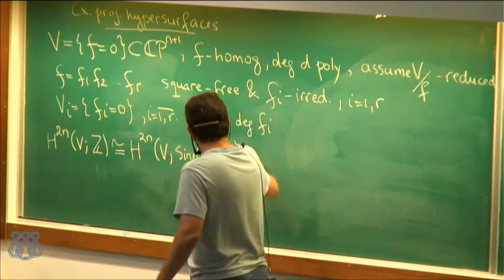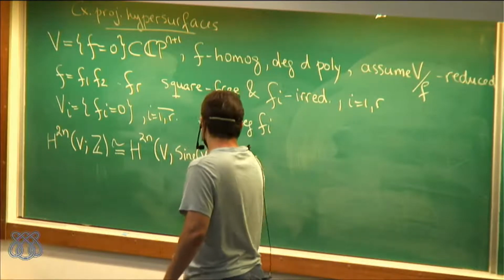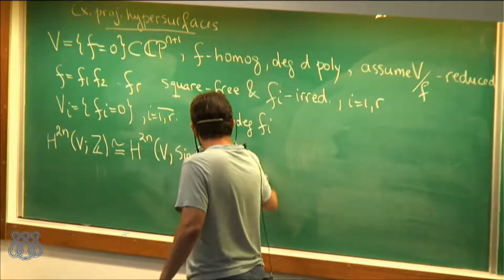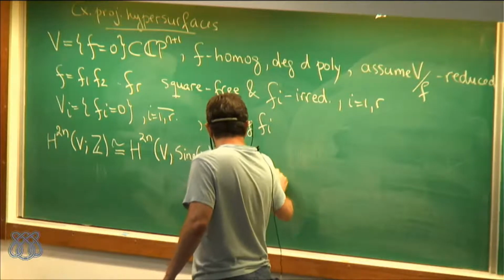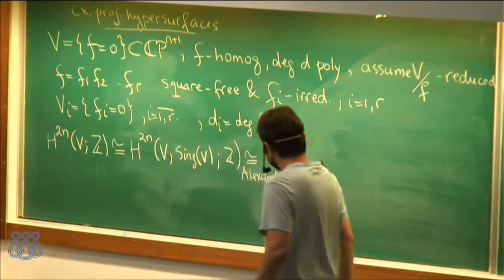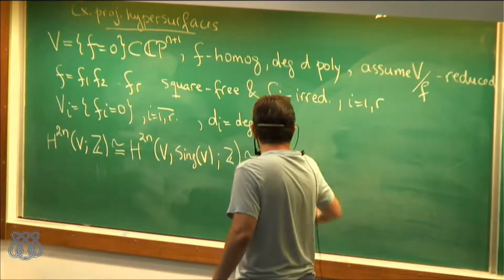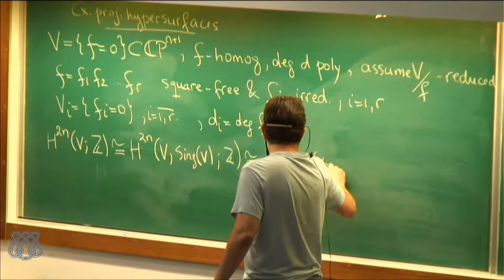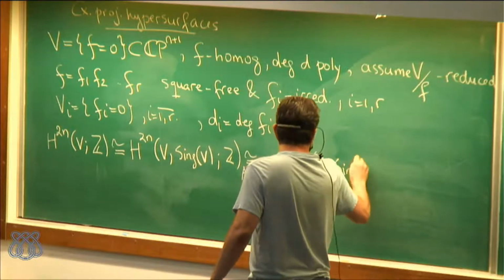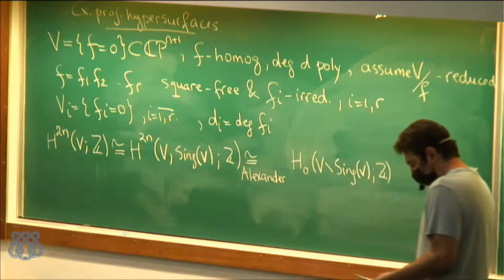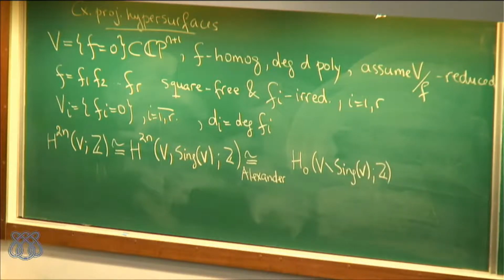Then by duality, I call it Alexander duality. Some people call it Alexander-Lefschetz, others just Poincaré. It doesn't really matter. This is just H_0 of the complement. And what is that?